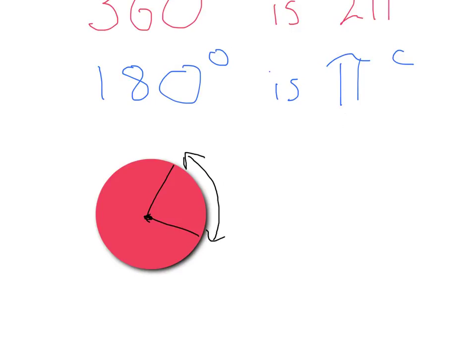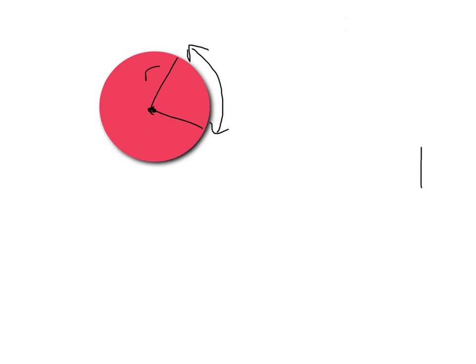Now, when you had degrees, you'd have a radius of r, you would find out the circumference of the whole circle, and then you would find the section that you wanted. So say we called this angle here theta.